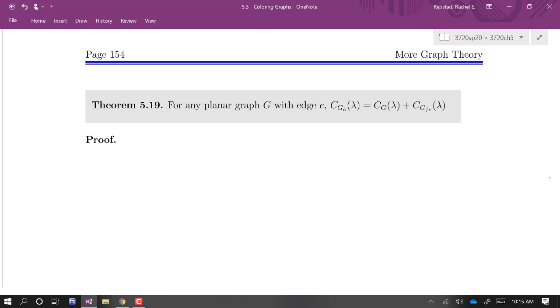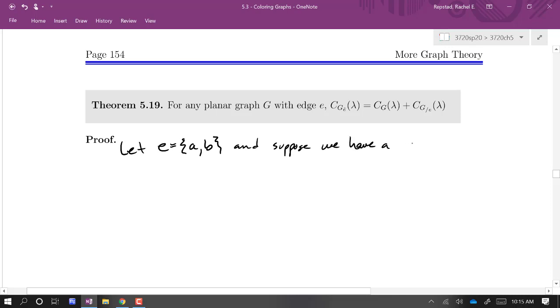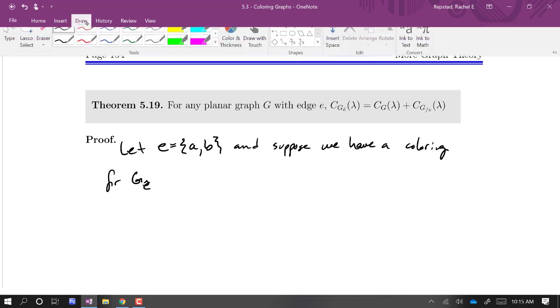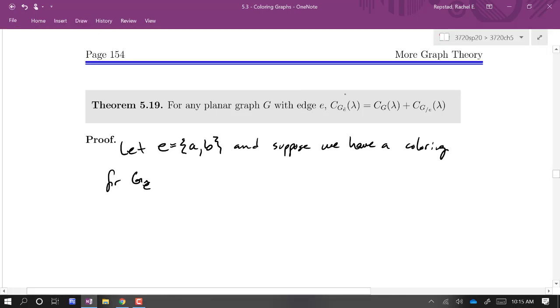when we defined these two graphs, G sub E hat and G mod E, we said, suppose we have an edge E that connects a couple of vertices. So we're going to let E be the edge, and we'll just say it connects vertices A and B. Remember that G sub E hat is the graph with the edge removed, but the vertices stay.